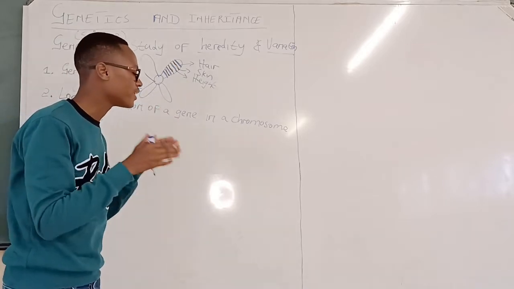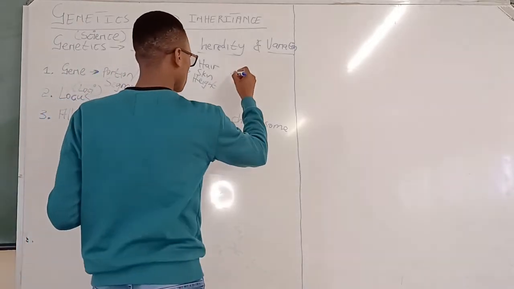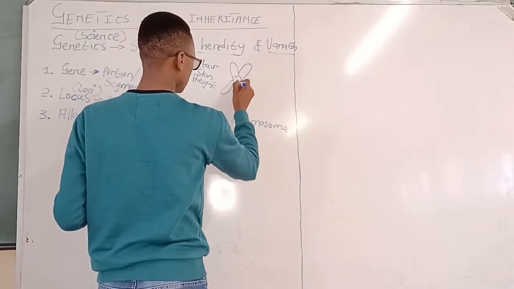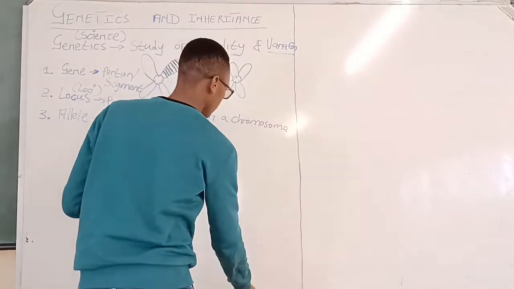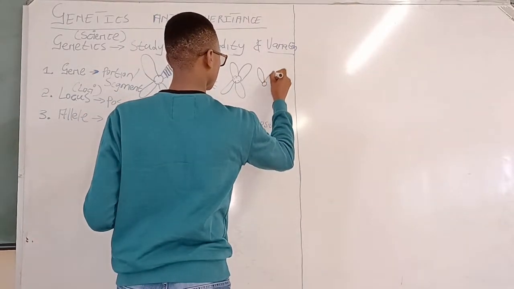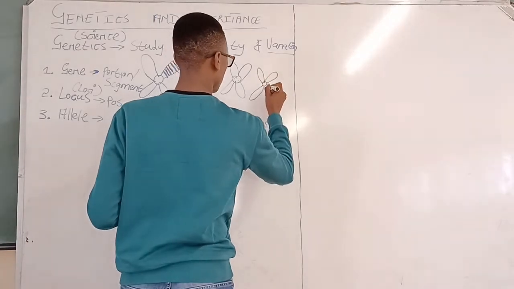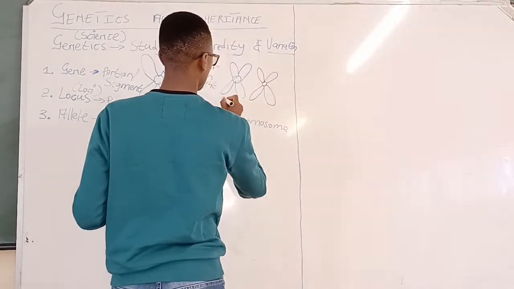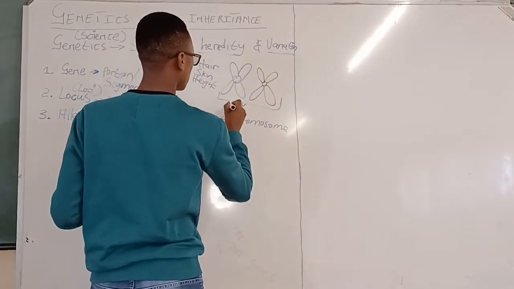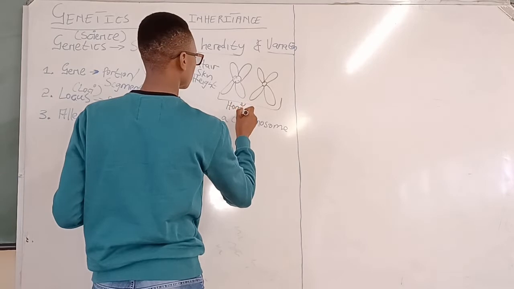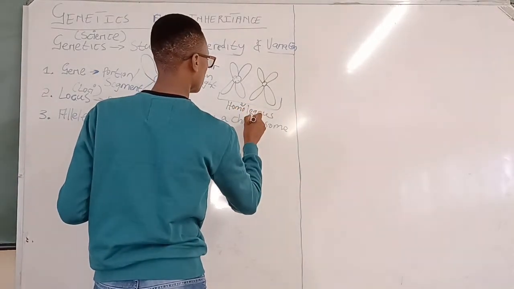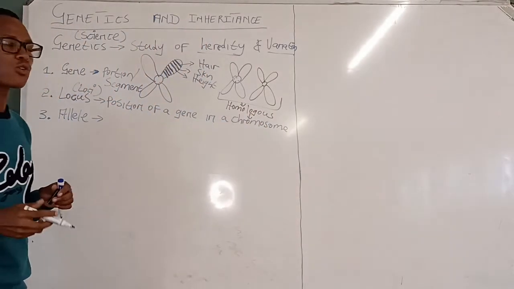Let's say, for example, we have these two chromosomes. We have this one chromosome, and then we have another chromosome here. These two chromosomes are called homologous chromosomes. Why?